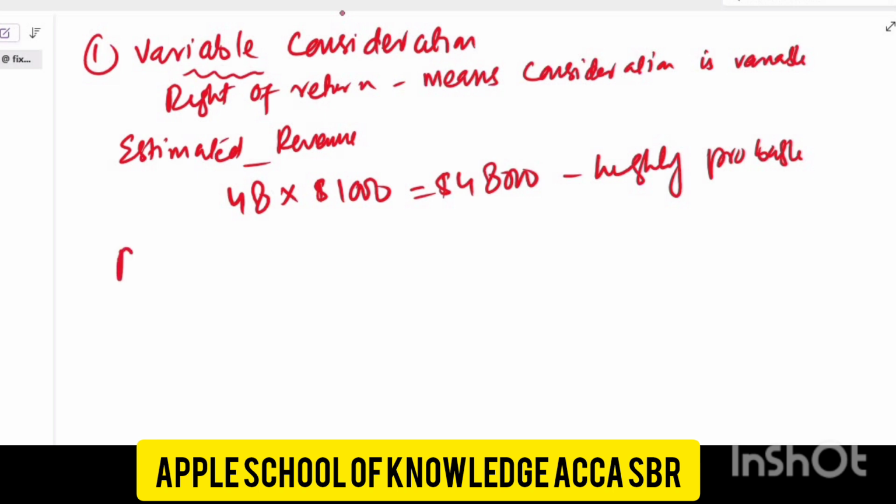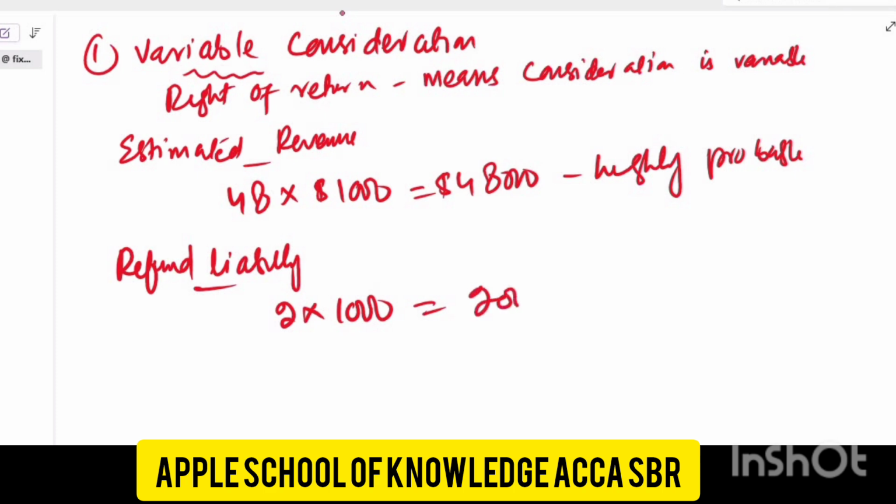And then you have the refund liability: recognize a liability for the expected return, that is 2 multiplied by $1,000, which gives $2,000, and this is your refund liability.